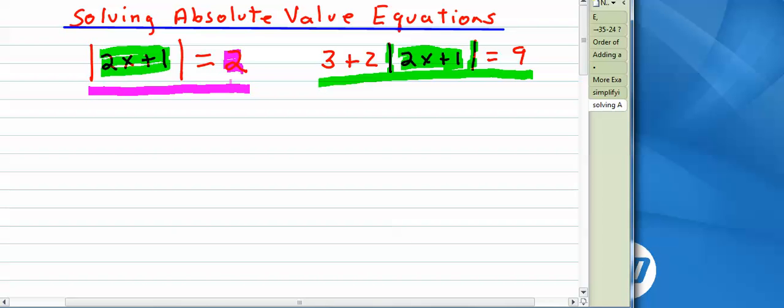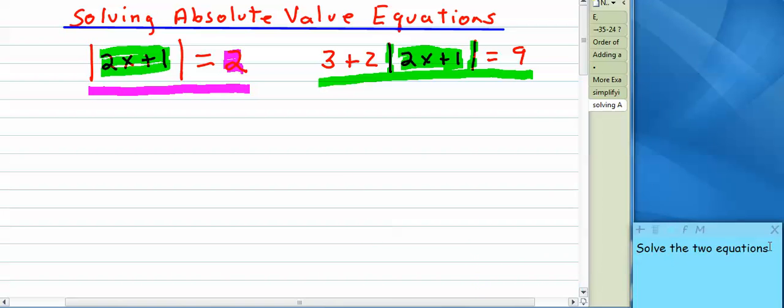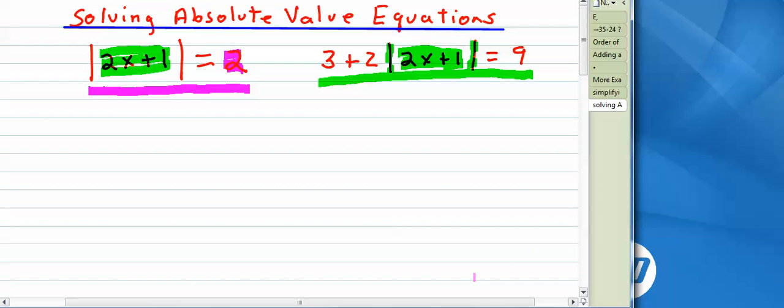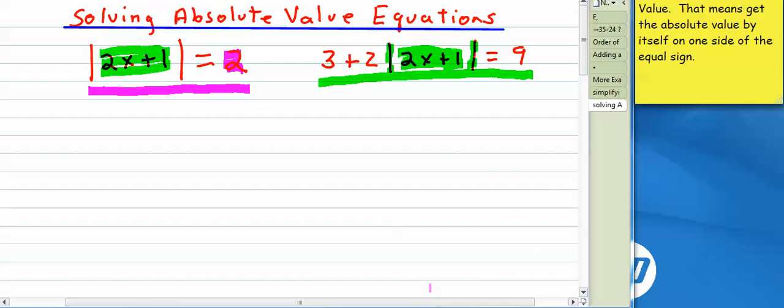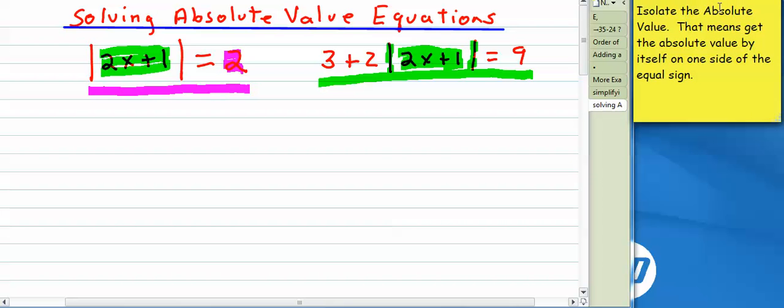The absolute value of 2x plus 1 equals 2. The steps are pretty simple. First, we need to isolate the absolute value. In this case, my absolute value is already isolated.